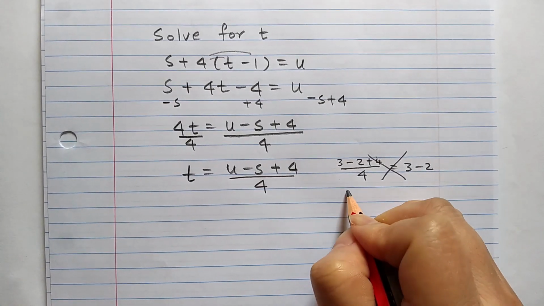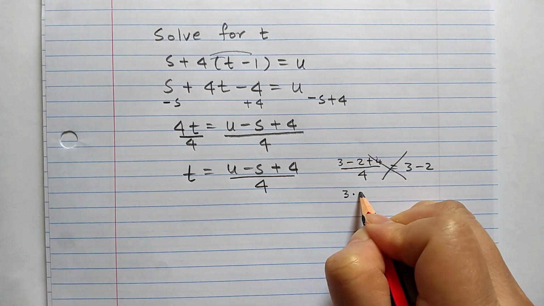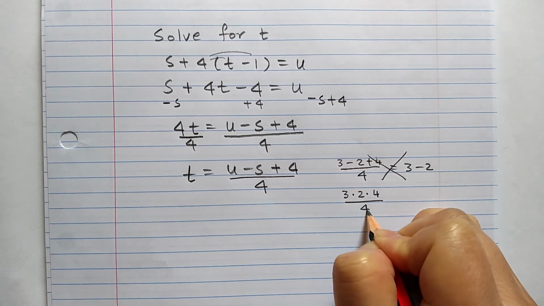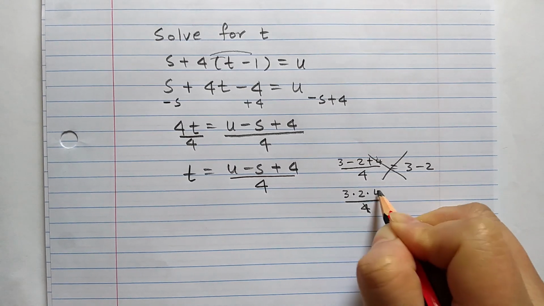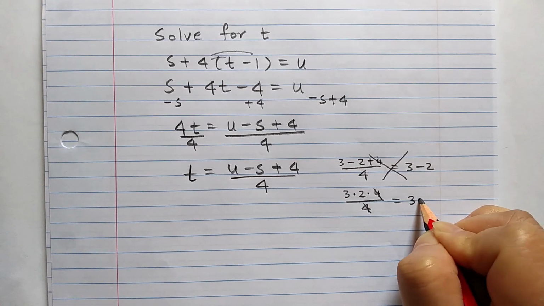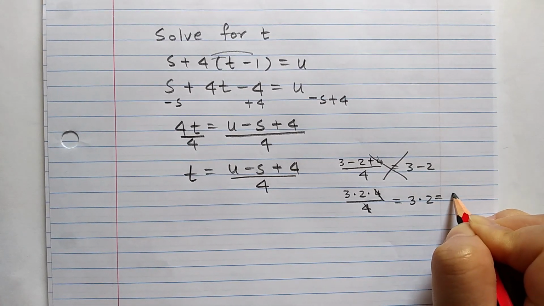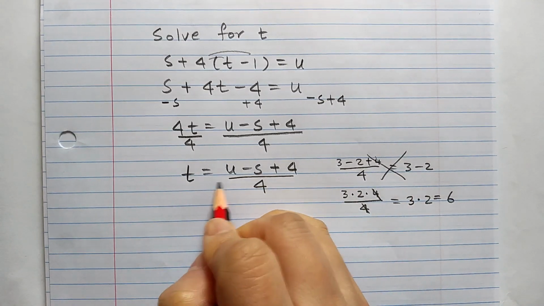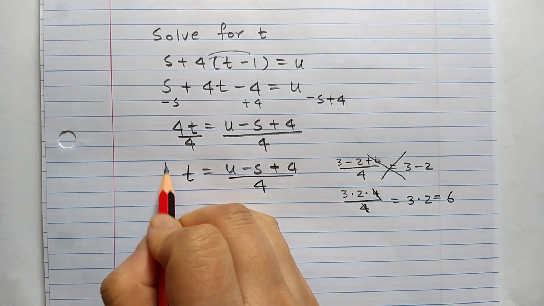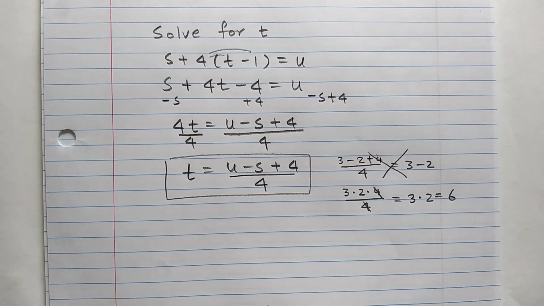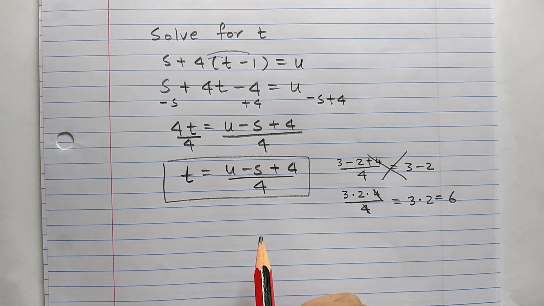If they are multiplied, such as 3 times 2 times 4 over 4, these you can reduce, and they're equal to 3 times 2, which is 6. But in this case, they're added and subtracted, so we are done. We'll practice more similar problems in the videos about polynomials later.